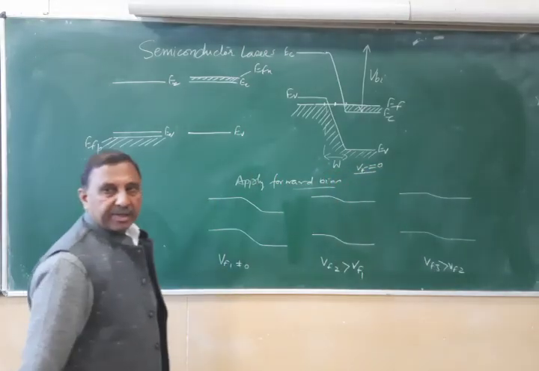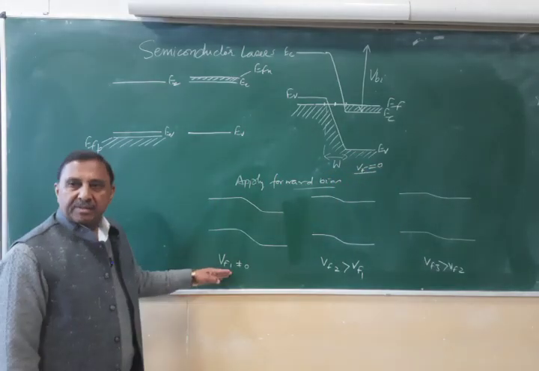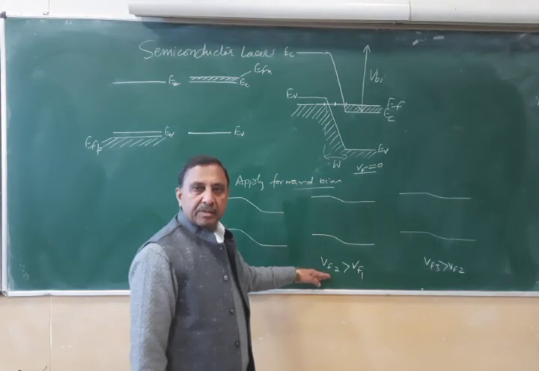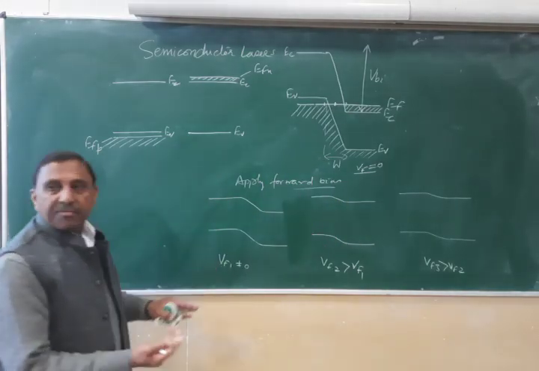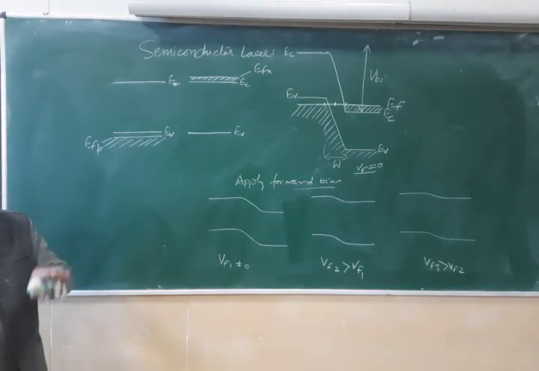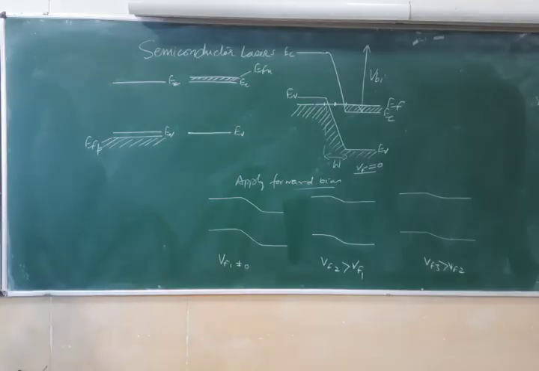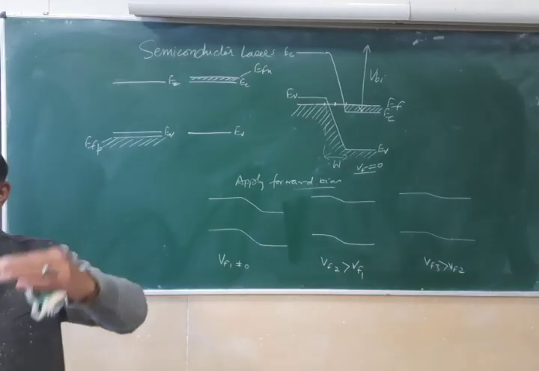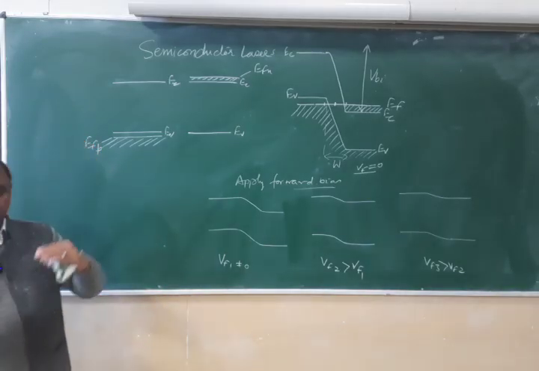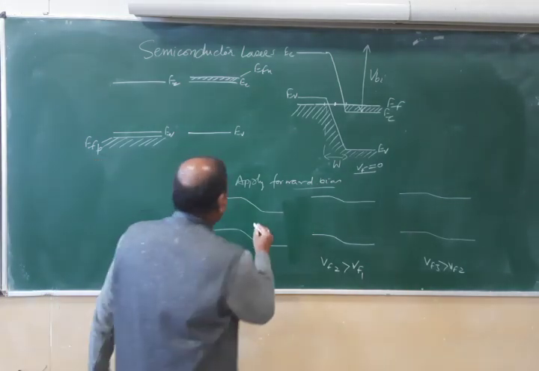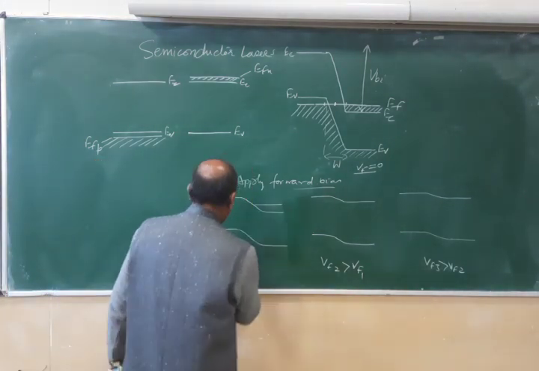So, some forward bias, more forward bias, still higher forward bias. And as you apply forward bias, the bending will decrease. The shift between EC and EC on both sides will keep decreasing. The band will lift like this. So you will see the situation somewhere like this.